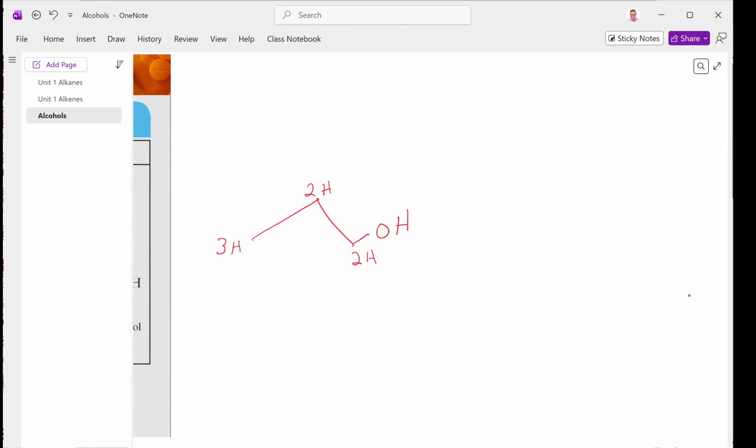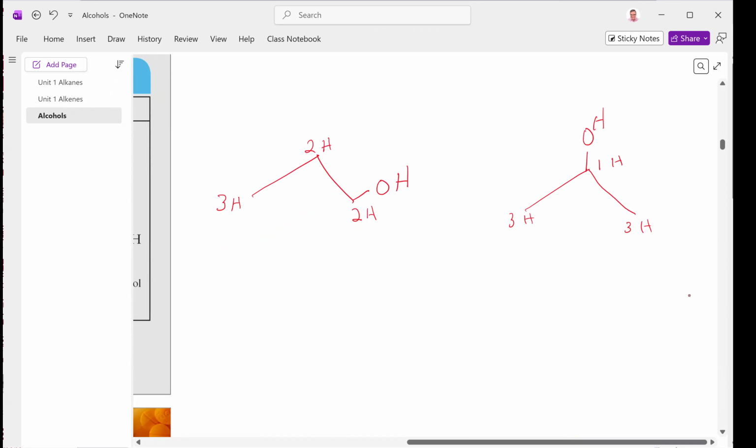Okay, so the terminal end's got 3. The middle carbon has 2 CH and 2 CC bonds. And the terminal on the OH end has 2 hydrogens attached. If it's in the middle, it's got 1 hydrogen, not 2.